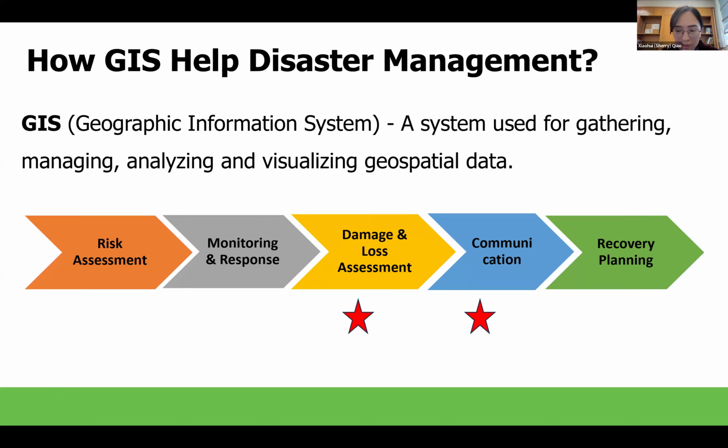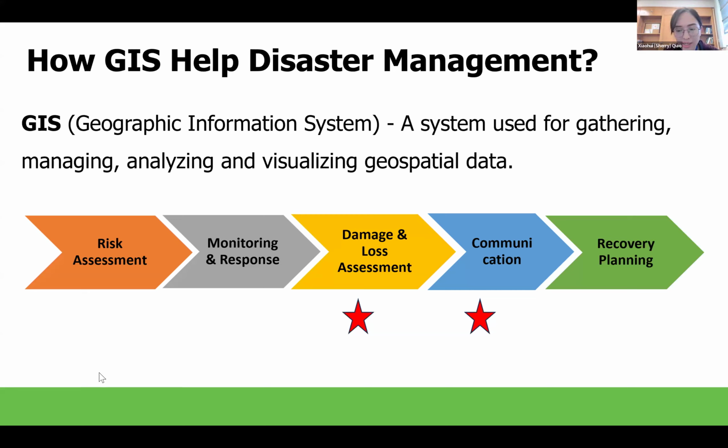After the event, GIS can support us to quickly assess the damage and the losses. It can also support developing effective recovery plans and monitoring the recovery progress. And in every phase, GIS can be used as an effective tool for communication.